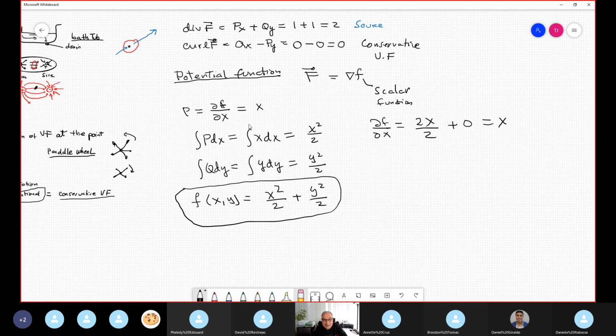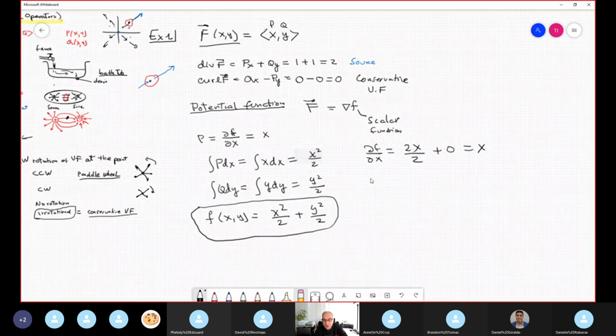The answer is x, exactly the same as our original vector field. Look at that. And the partial derivative of f with respect to y, differentiate that is 0, and this is 2y over 2. It's y, exactly the same as this. Do you understand this?